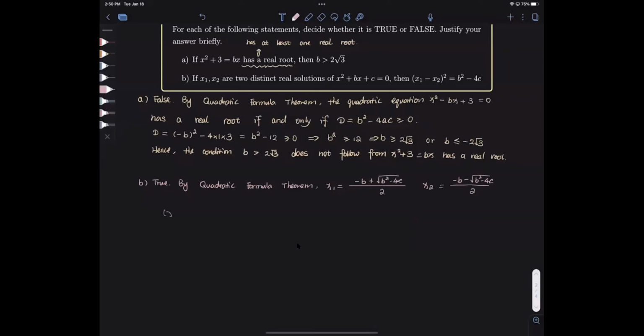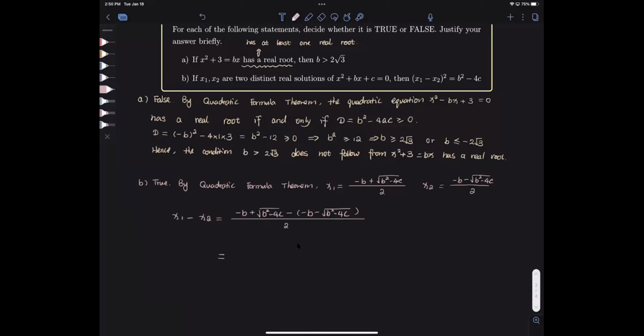So x1 minus x2 equals minus b plus square root of b squared minus 4c, minus minus b minus square root of b squared minus 4c, all over 2. What do we get from this?